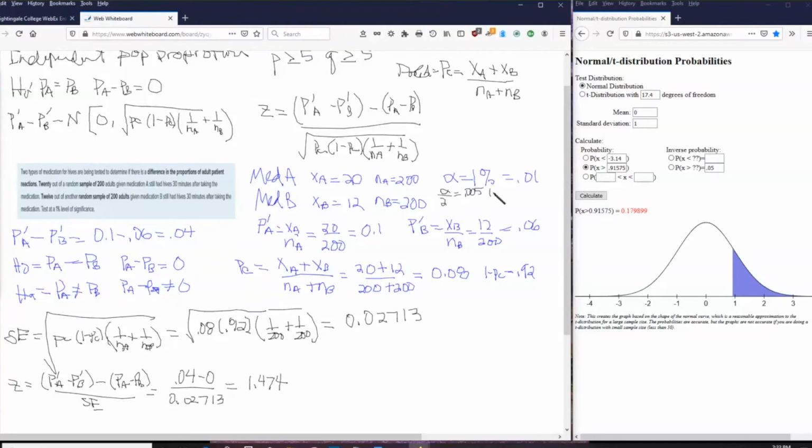The probability that X is going to be greater than 0.005 is going to give us our Z value. So that means my Z of half alpha is going to be 2.58.